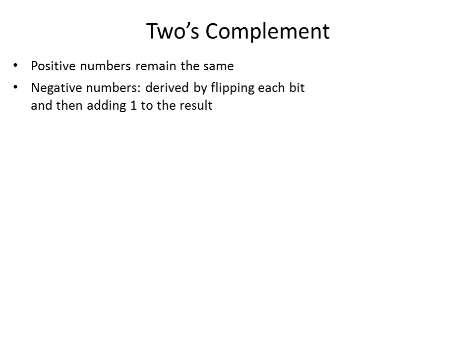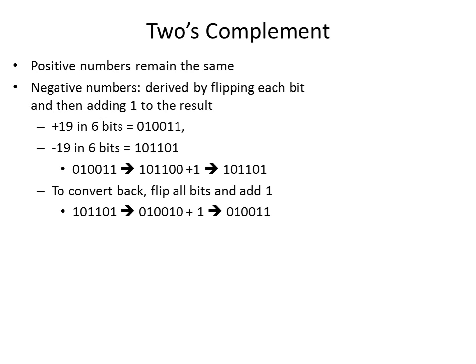Now we go to twos complement. Here also the positive number remains the same. Negative numbers are derived by flipping each bit and then adding 1 to the result. For example, plus 19 in 6-bit representation: the first bit is the sign bit, and 1, 0, 1, 1.